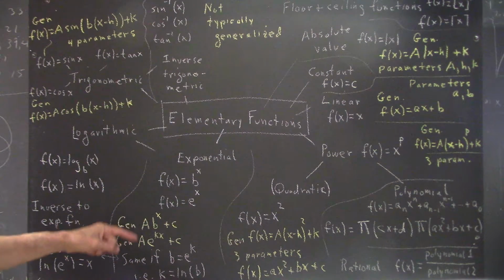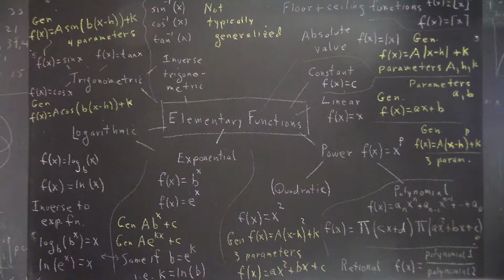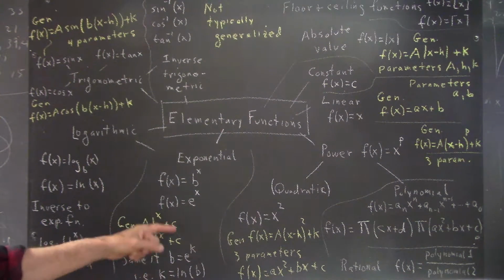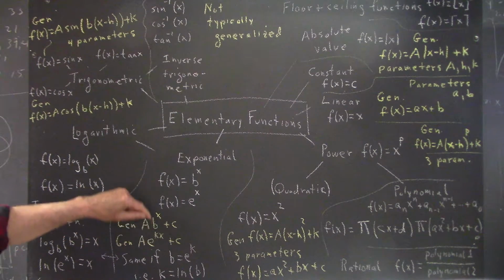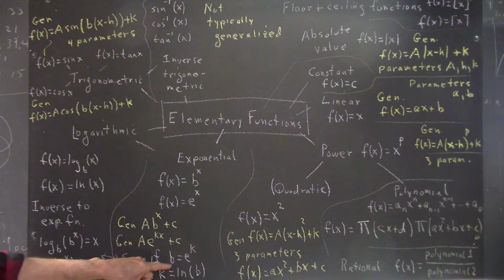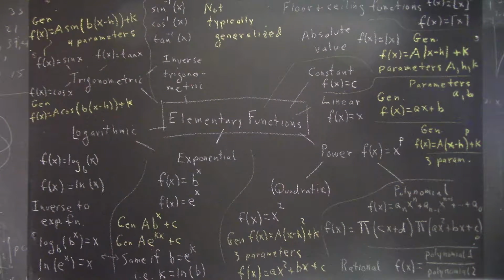These two forms are identical in effect, but the numbers are different. The a number for both of these would be the same. The c number would be the same, but the parameter b and the parameter k would be related by b equals e to the k, or alternatively by k equals the natural log of b.